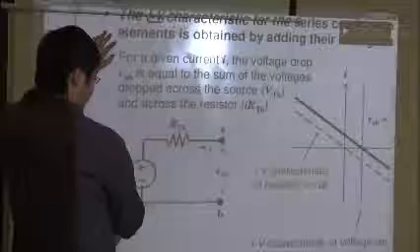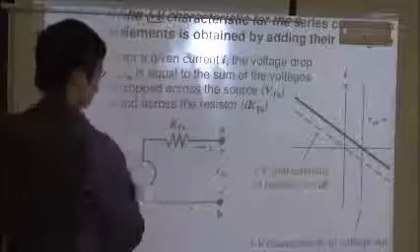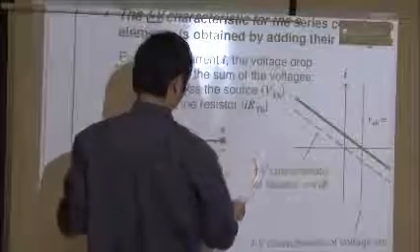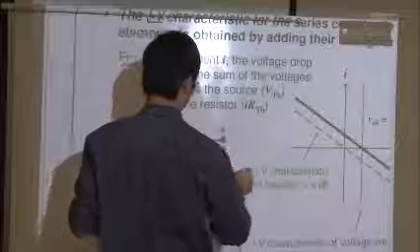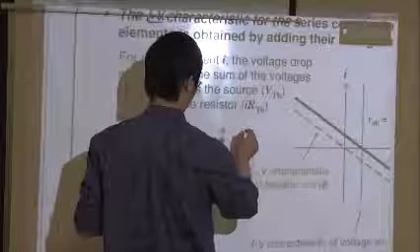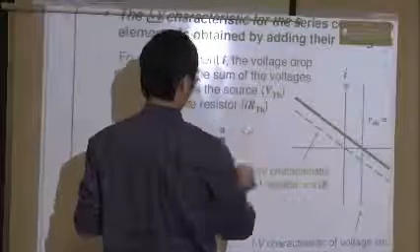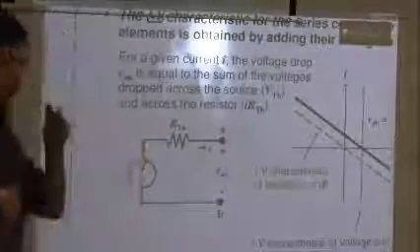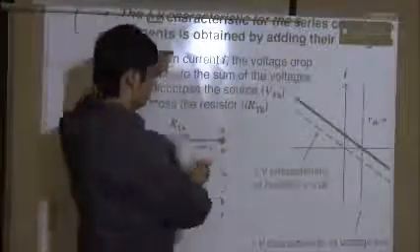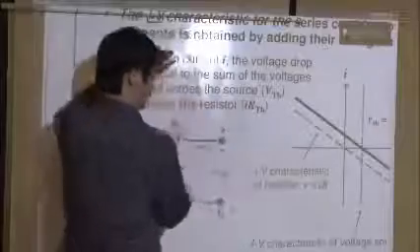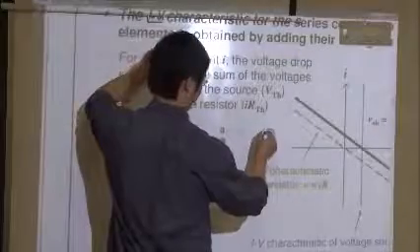If this one is an open circuit, it will present VTH to the outside world. If this one is a short circuit, what's the current flowing out? That will be VTH over RTH, right? If you figure out the short circuit current for your complex network, this just needs to be equal to that one, IEQ.